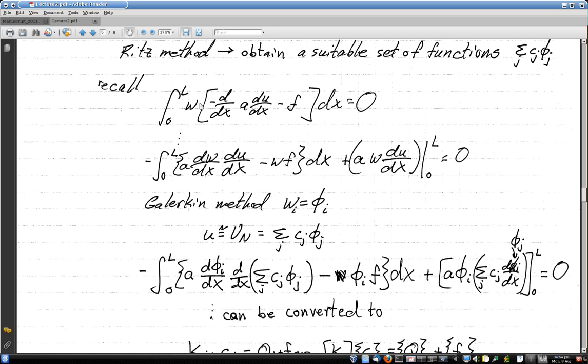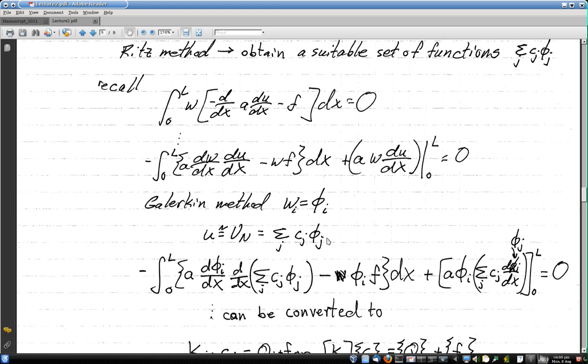So the solution of our dependent variable u is approximated by phi sub j times these constants, and the weight function w is also approximated by the same type of function.